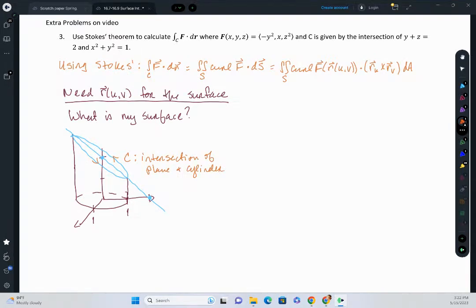Okay, so I need a surface. Now, the surface just has to be a region contained in the curve C. So let's just write that.